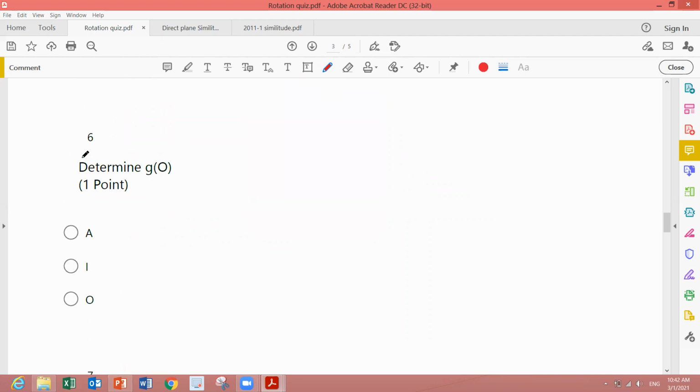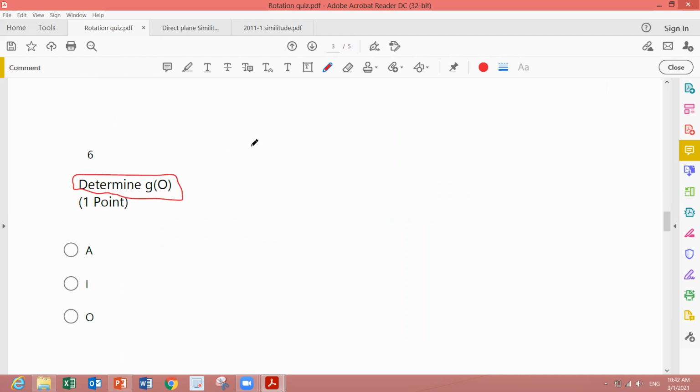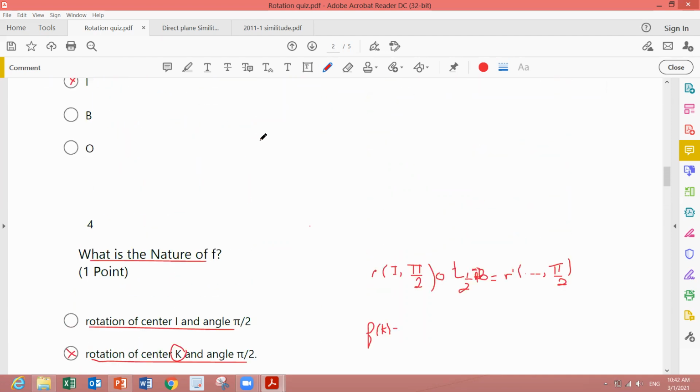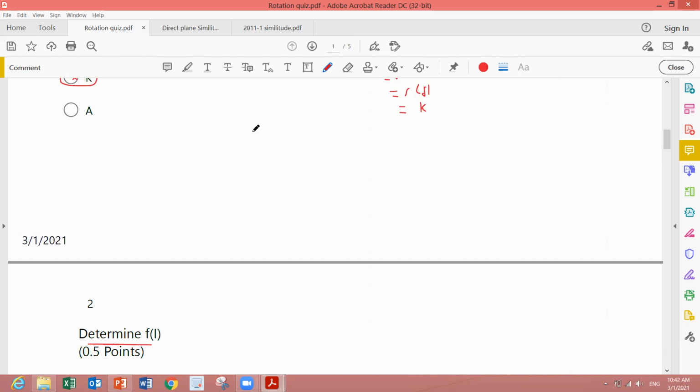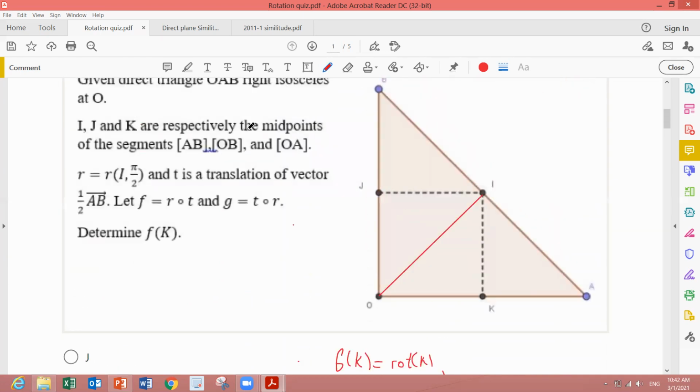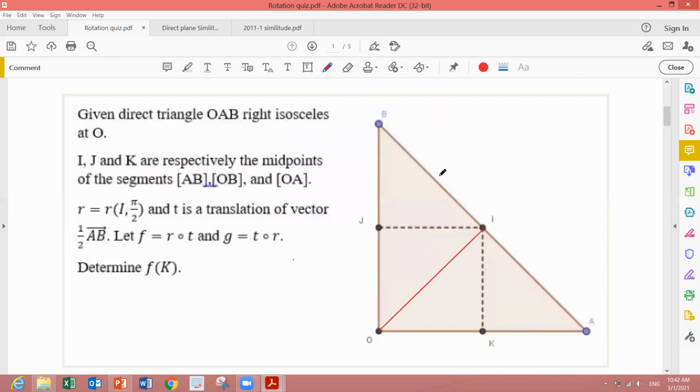Haikaz, determine G of O. What is G of O, Haikaz? G is a translation composite with a rotation. Rotation of O with center I and angle pi over 2. Yes.